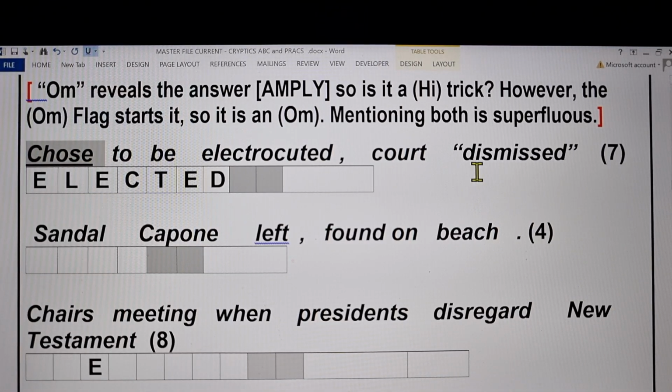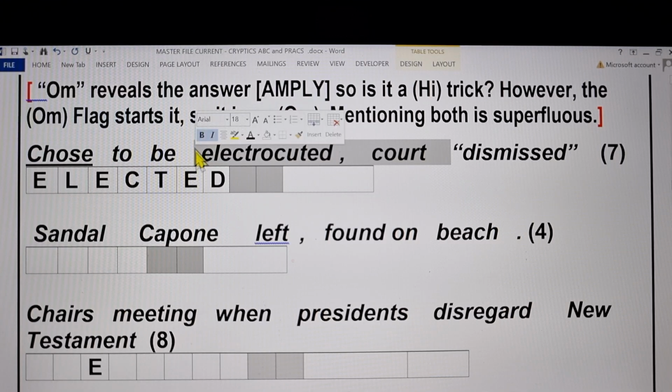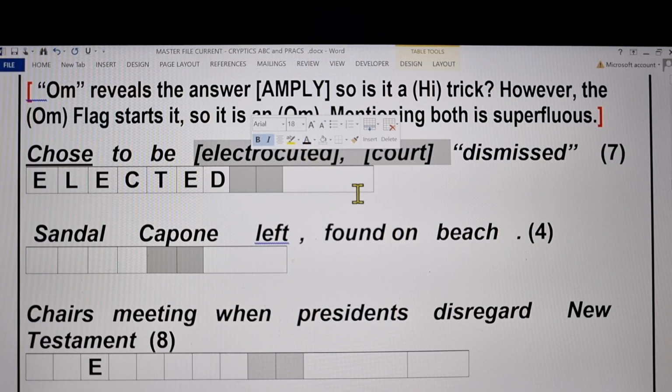Right, so court dismissed. If court is dismissed, means this is a flag. The word letters in court, dismissed from the, must be this one here, dismissed from electrocuted. So we're going to take court out of electrocuted and see what we get. 2 fodders, I reckon. 2 fodders. Okay.